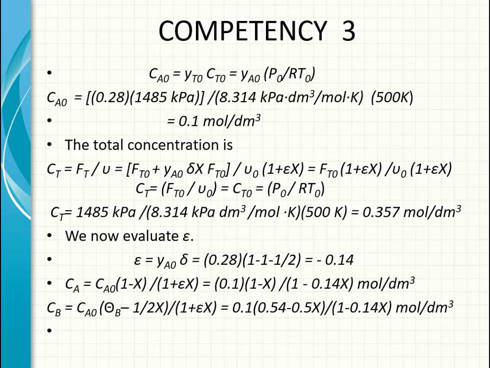From here, we use the equation that CA0 is equal to YA0 times P0 divided by RT0, and when we substitute the values, we will have that CA0 is equal to 0.1 moles per liter, or moles per cubic decimeter.